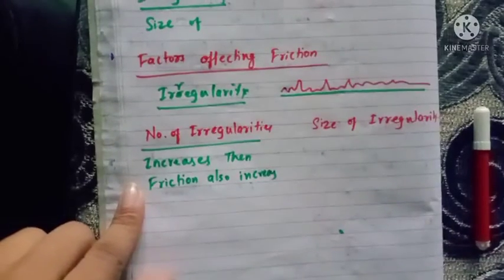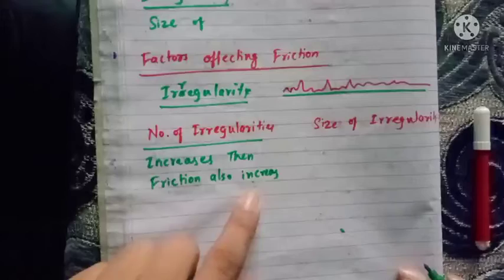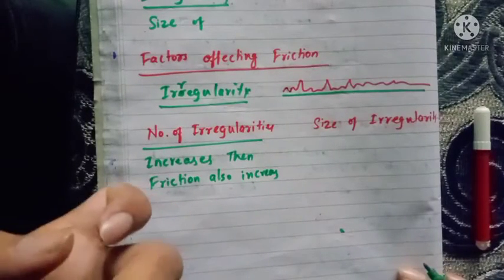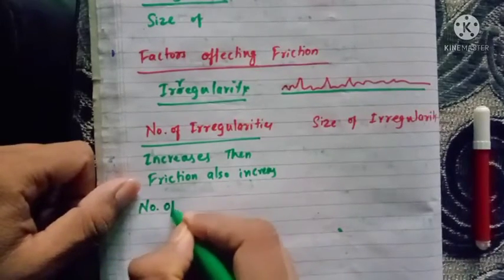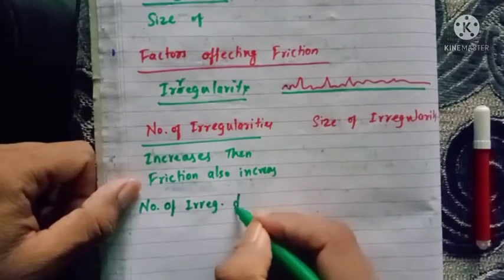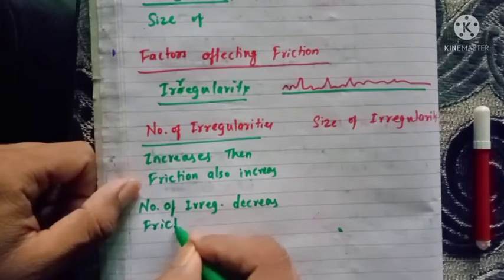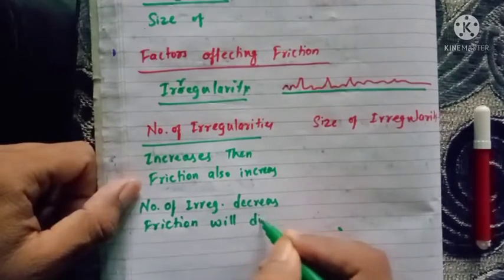If the number of irregularities increases then friction also increases. One point ಆಯಿತು. If the number of irregularities decreases, ಆಗ the friction will also decrease.